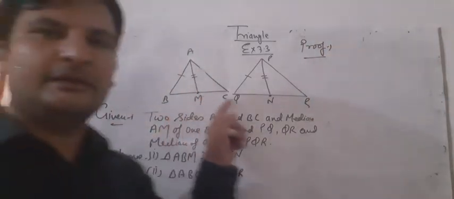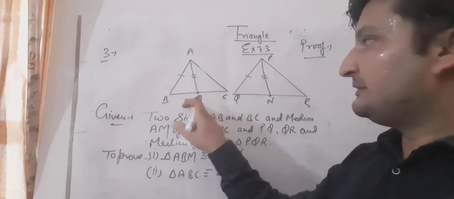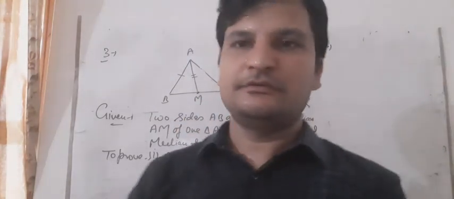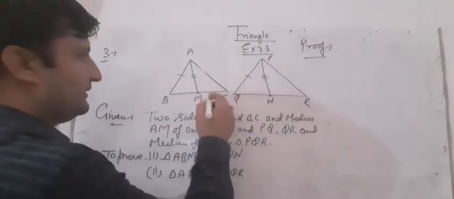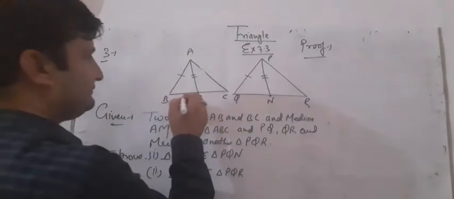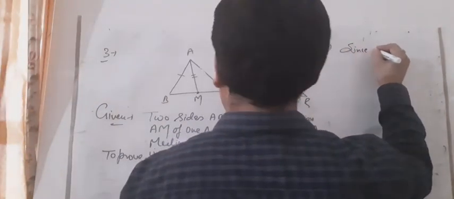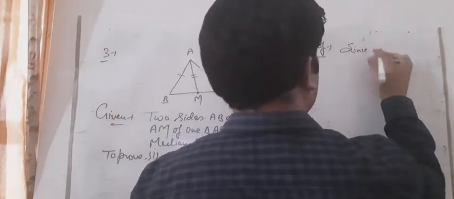Students, I have told you that these are the medians, meaning BM is equal to CM, and similarly in PQR.